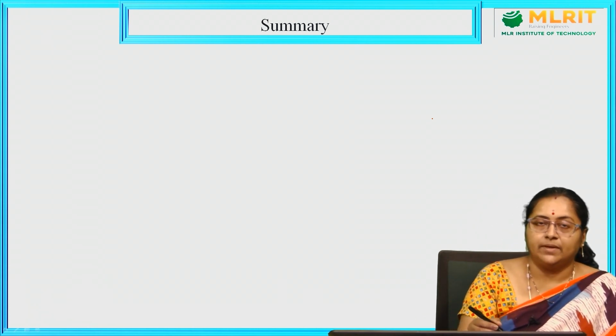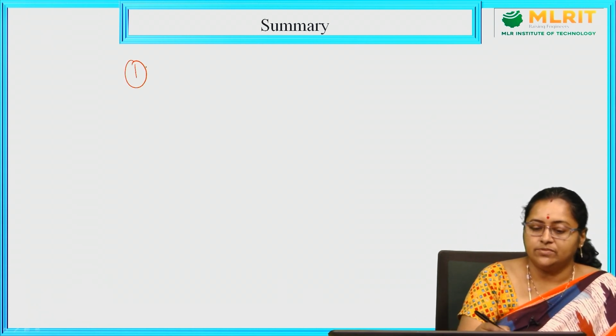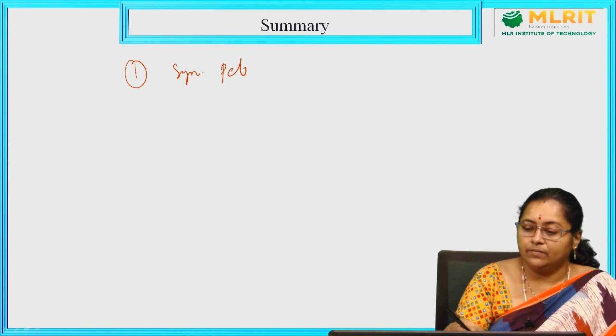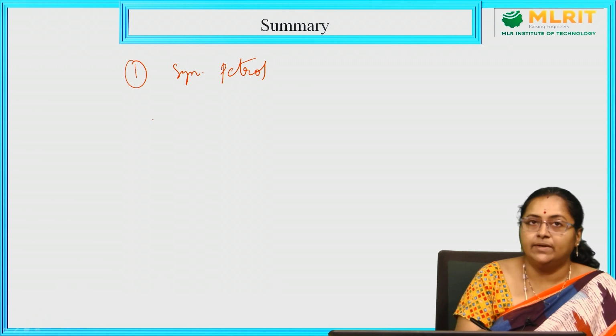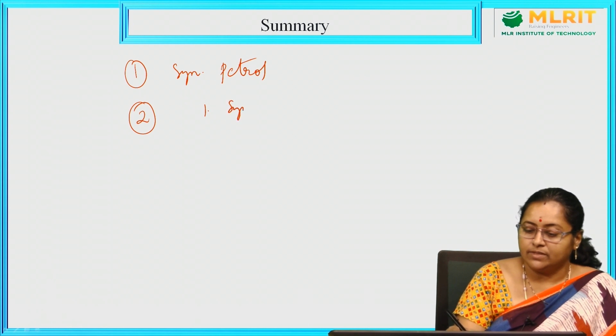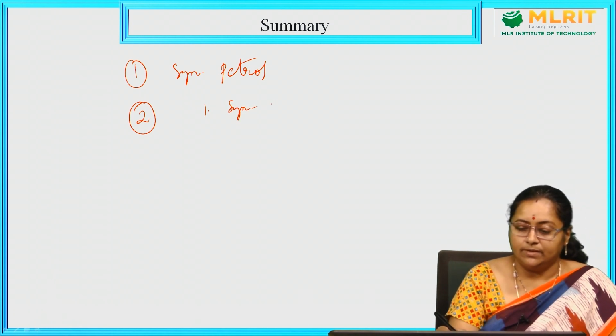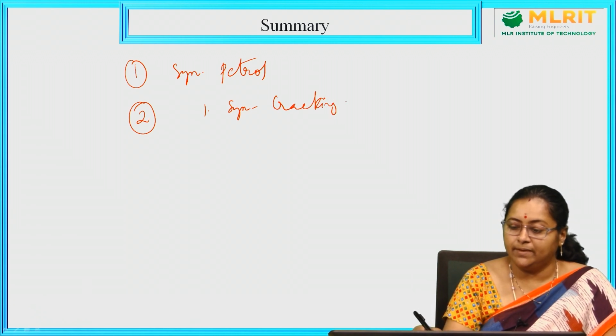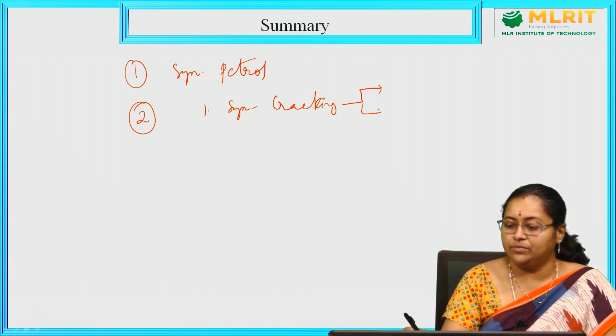Coming to the summary, so far what we have discussed is, we started with synthetic petrol, a little bit of introduction, and what kind of methods we can adopt for preparing synthetic petrol. One is the cracking process. Synthetic petrol can be prepared by cracking, and cracking is of two types.